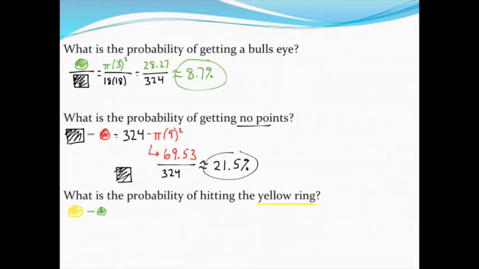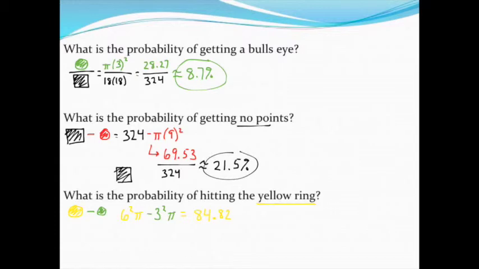The area of the yellow circle is going to be 6 squared times pi. It would have a radius of 6 if you look back on there. The green circle's area is going to be 3 squared, that's its radius, times pi. And once again, using a calculator to find that area, I come up with an area for the yellow ring of about 84.82. So that's the area I want to land in. That's going to be in the top of my probability fraction.